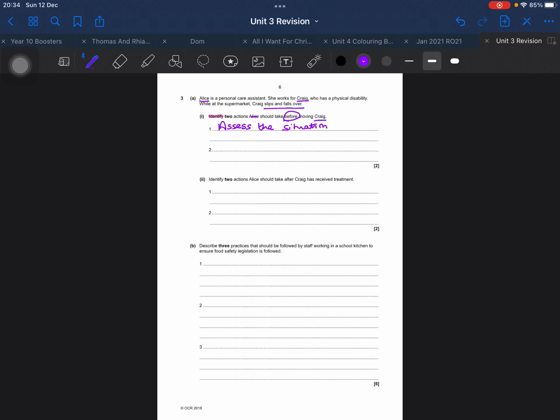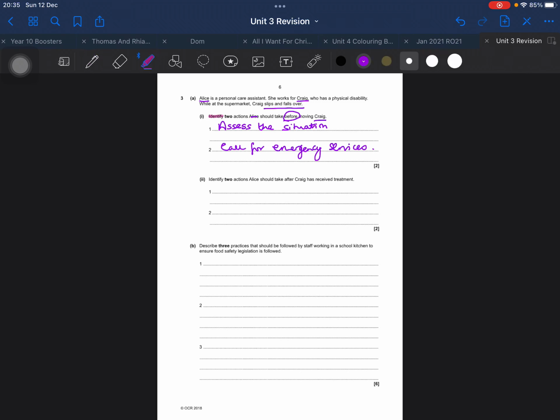Well, we could check for the dangers, find out what caused the fall, identify the hazard and remove it. Call for an appropriate level of medical assistance, call for an ambulance if you need one, and stay with him, reassure him until someone arrives. So I'm going to put here, we've assessed it, and in this case we're going to call for emergency services.